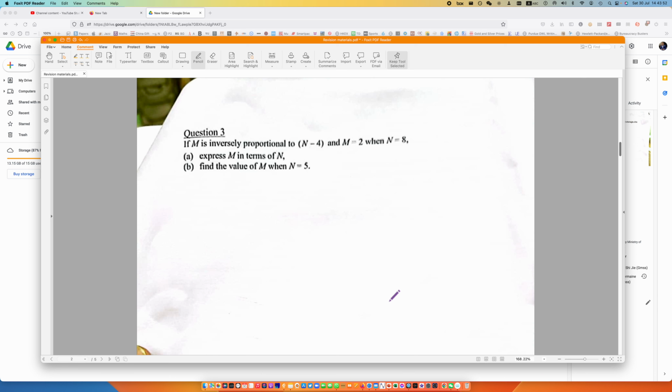Actually, you can quickly get 4 here already. When you see 8 minus 4 can be simplified, quickly combine. N equals to 5. So 8 to 1.